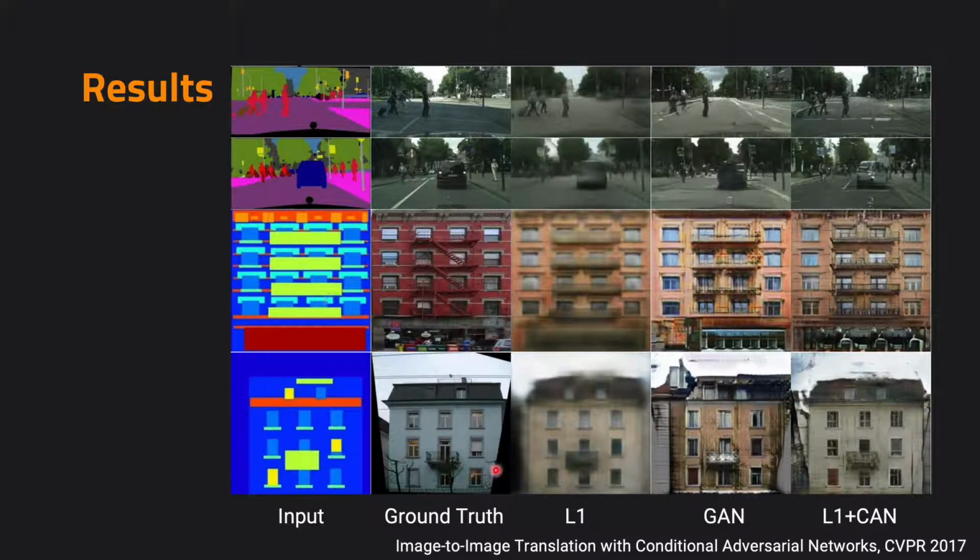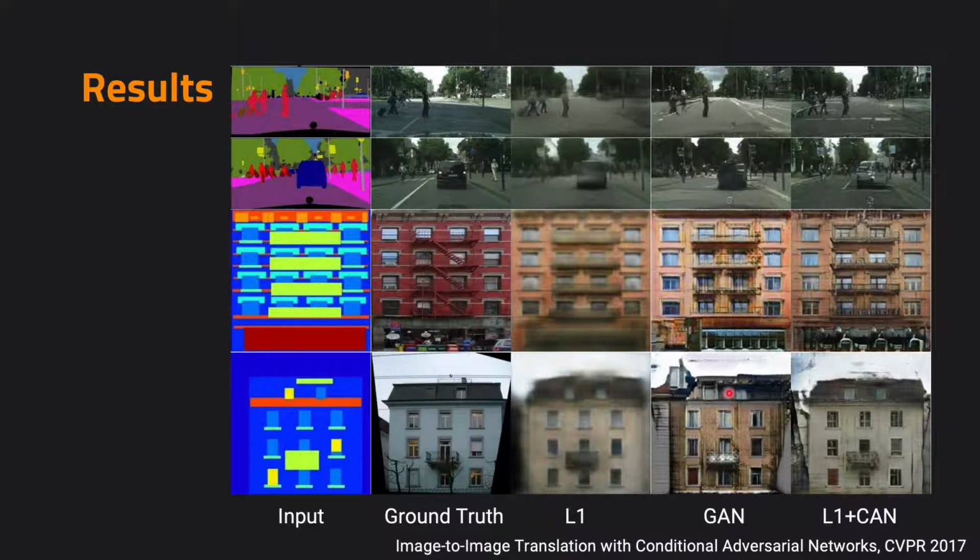You can see here, if we only use L1 loss, that means that we do not use the adversarial network, and only compare the generated output with the desired output on a pixel basis, then the output usually looks blurred, and it doesn't look real, even though the L1 loss can be really small.